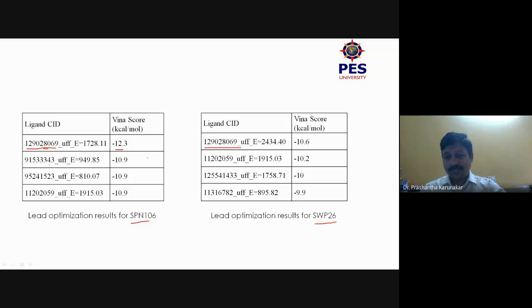We also observed another ligand 11202059, and also the same 11202059. Other ligands are not. So what it says is we can use one drug molecule which can bind to both the targets, both the protein targets. So if it fails in one, it can give a good result in another one. It is like a single drug molecule binding to 2 proteins. That's a good result from the perspective of drug designing.